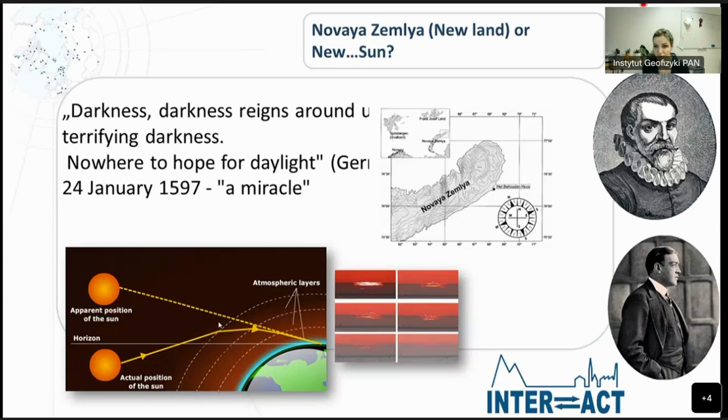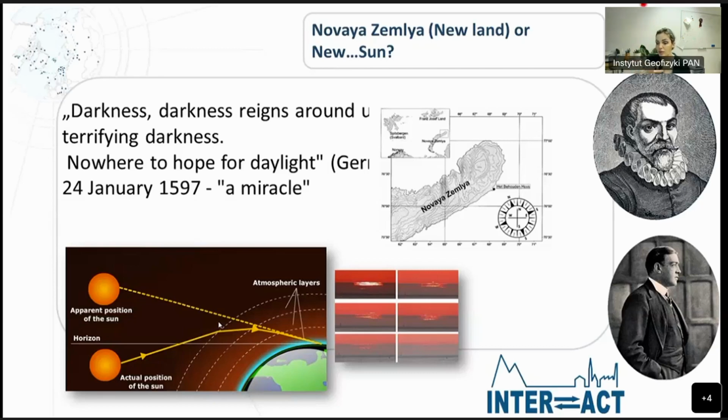Information about this phenomenon survived thanks to a diary kept by the expedition's chronicler, and the expedition was famous for the discovery of Spitsbergen and Bear Island, and the navigator of this expedition was Willem Barents, but he paid his life for the expedition, so he died there.